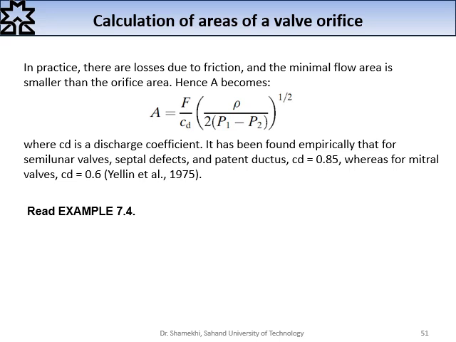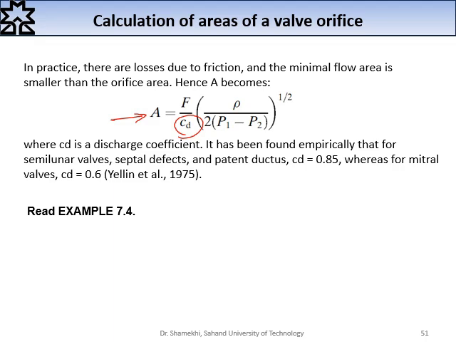In practice, there are losses due to friction, and the minimal flow area is smaller than the orifice area. Hence, A becomes this equation, where CD is a discharge coefficient.